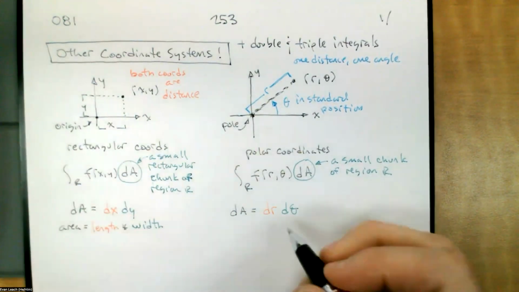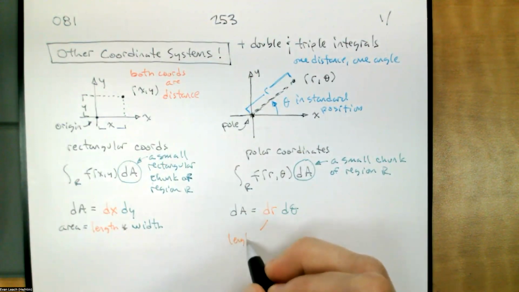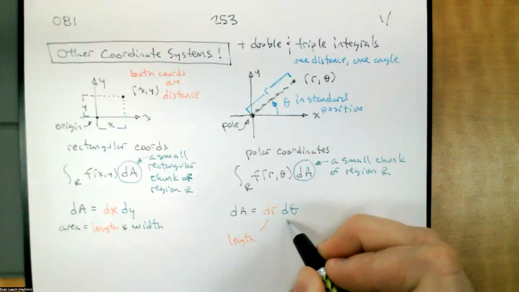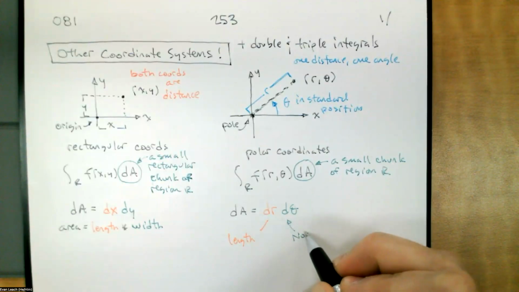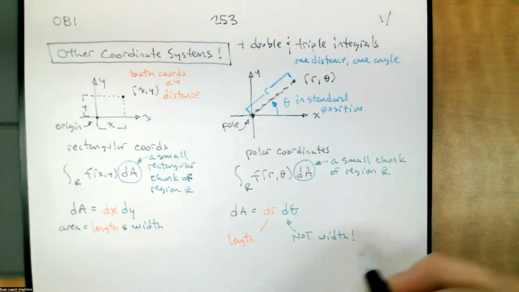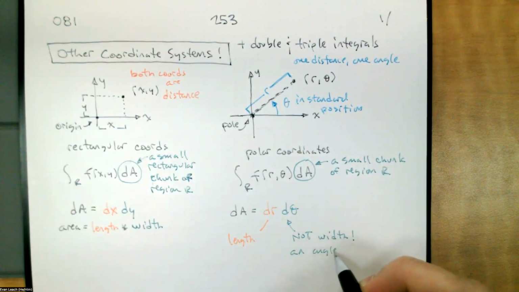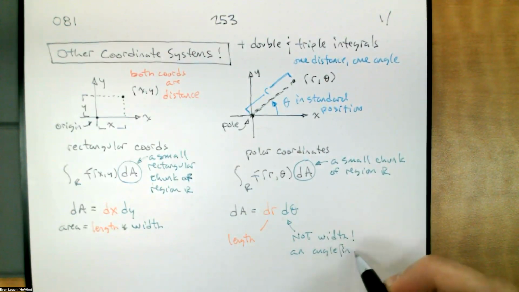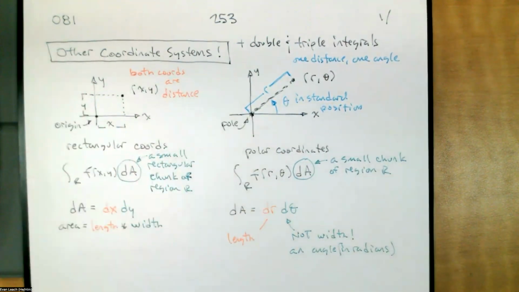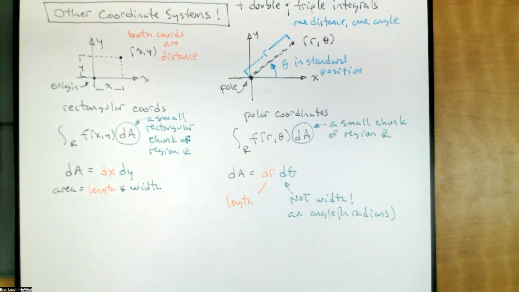dr is a length, that's okay. But d theta is not a width. It's going to be an angle in radians rather than a length in meters, for example.